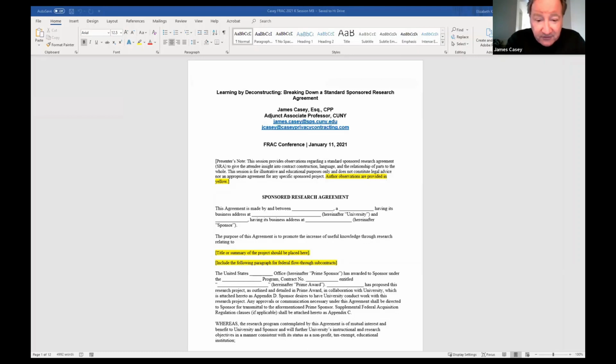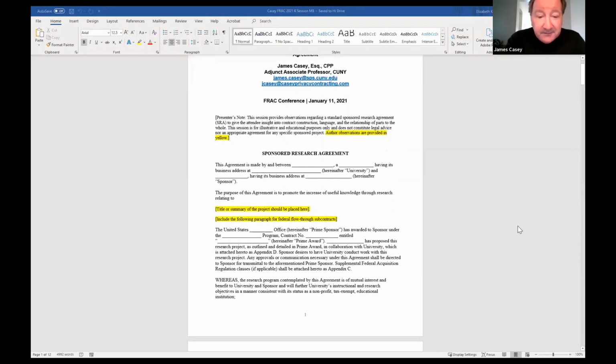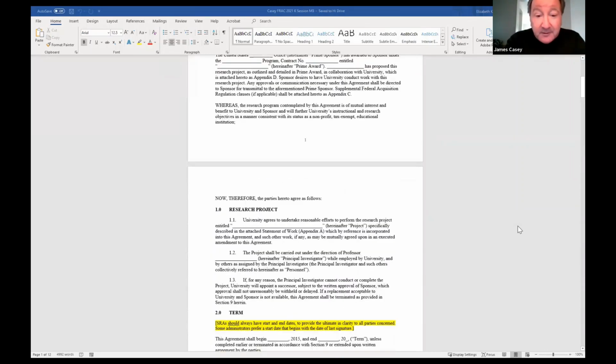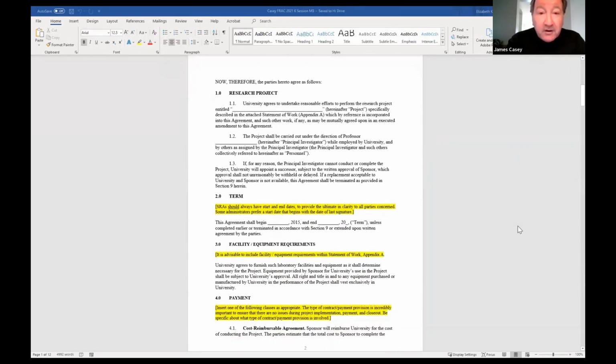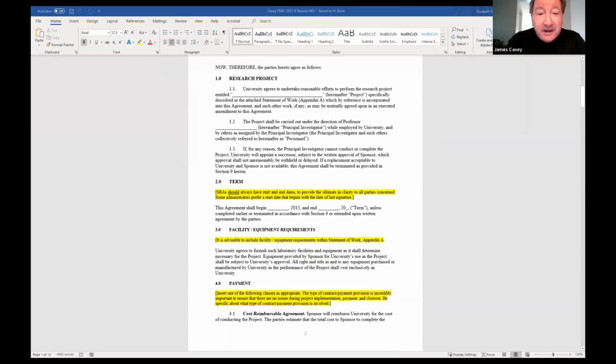So, Tamari, if you scroll down a little bit, maybe to page 2, actually, because the bottom of page 1 is any flow downs or specialized provisions. Now, here on the second page, clause 1.0 is self-evident.